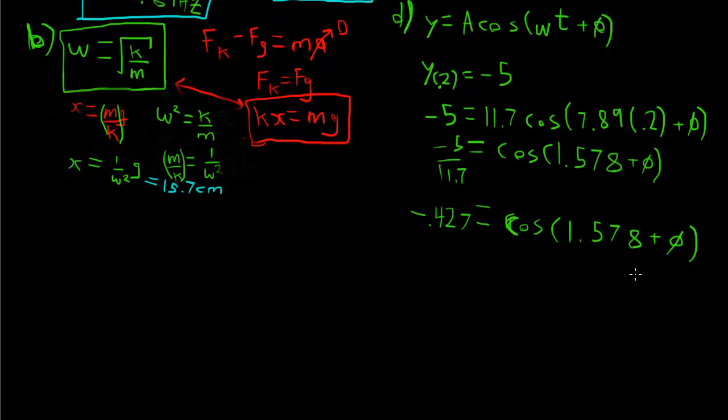Okay, so now we get to a point here where we do two things. We don't just take the cos inverse. We use the fact that cos of theta is equal to the cos of negative theta.